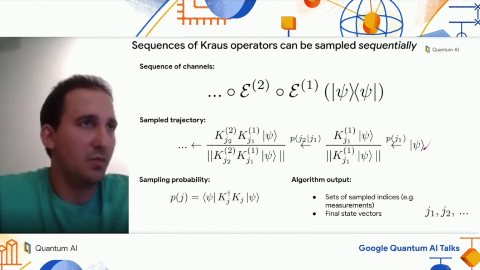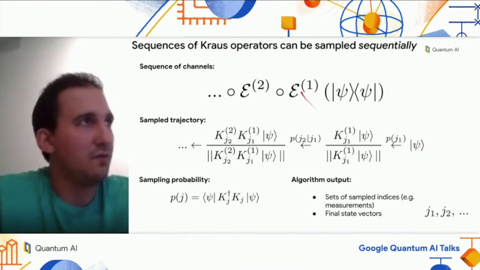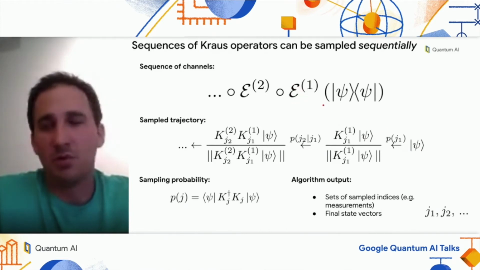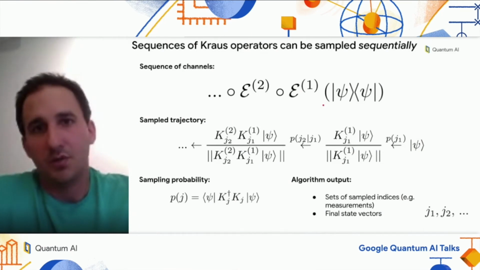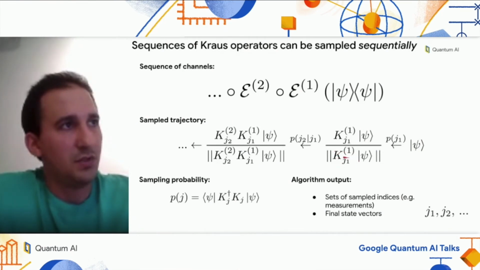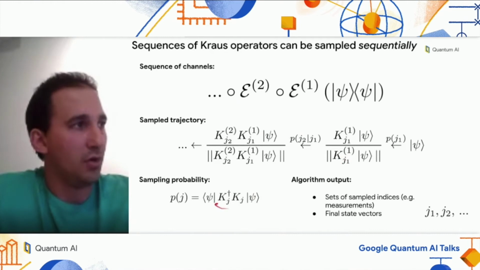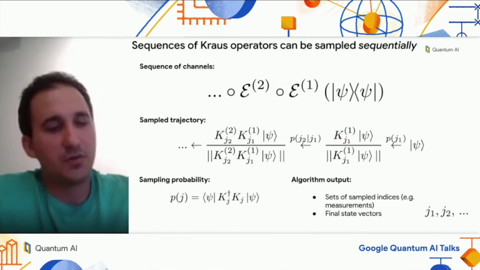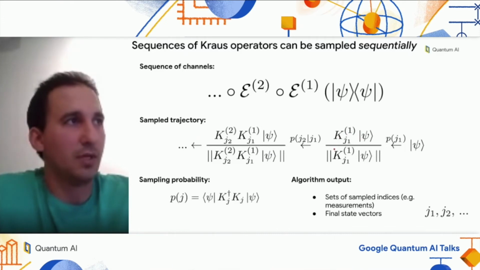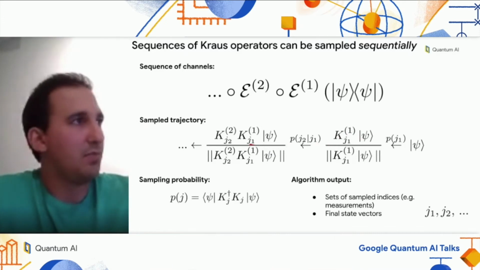How does it work? Basically, you start with a pure state vector, and then whenever you apply each of these channels or unitary operations, instead of applying all of the Kraus operators at once, you sample a single Kraus operator using the Born rule, and then you apply just that single Kraus operator from the channel to your state vector and normalize. And then you follow this step by step through every quantum channel.